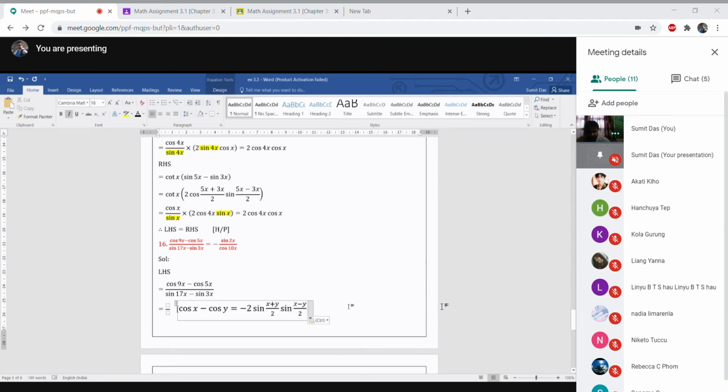Using this formula, we'll use cos x minus cos y.